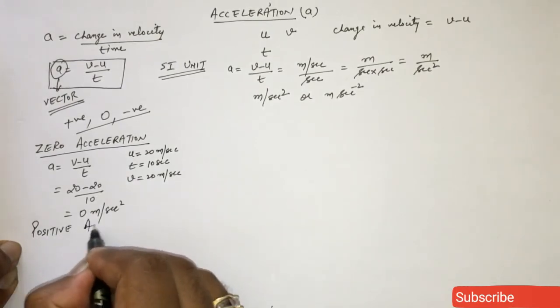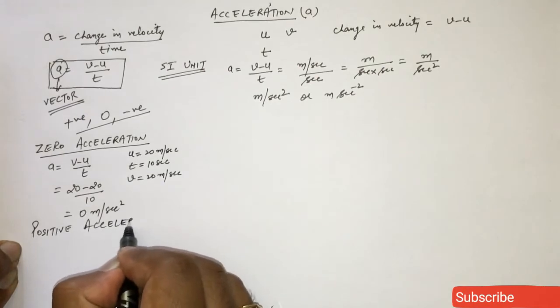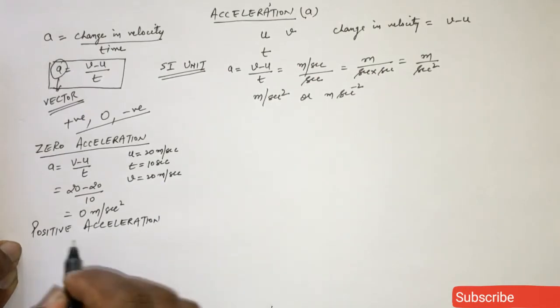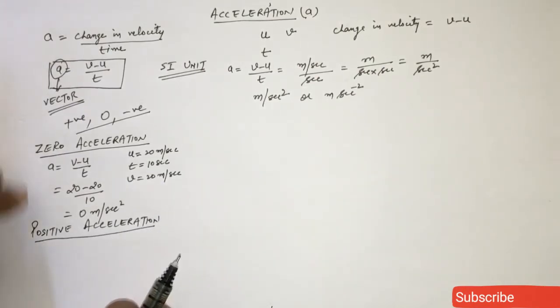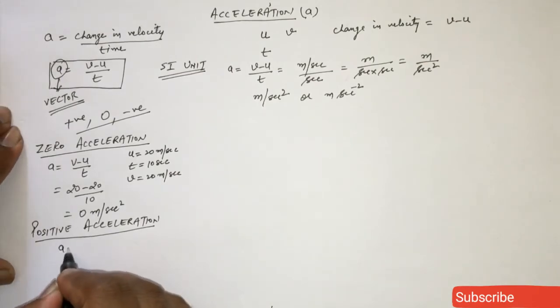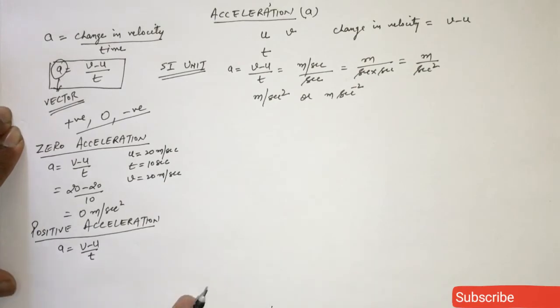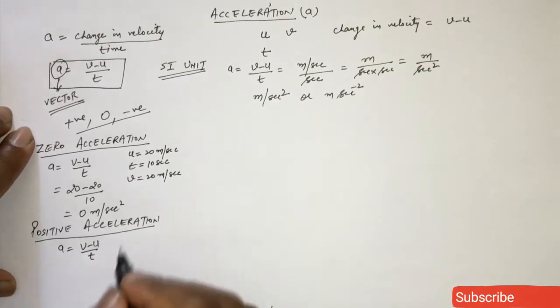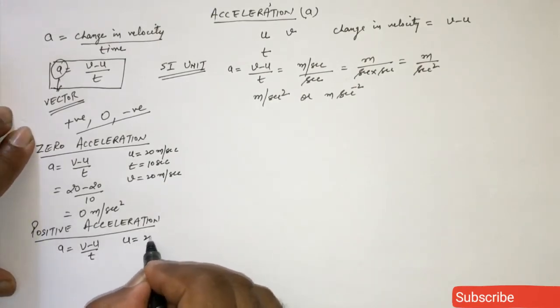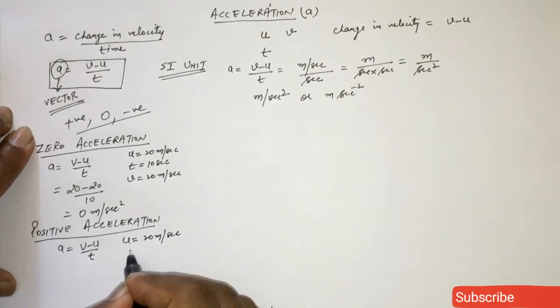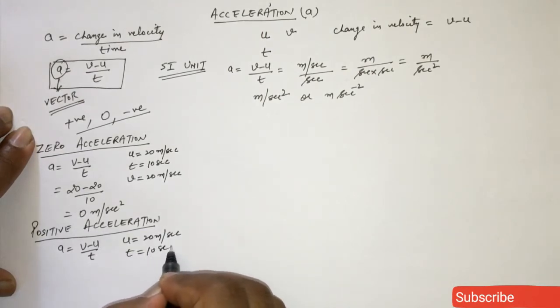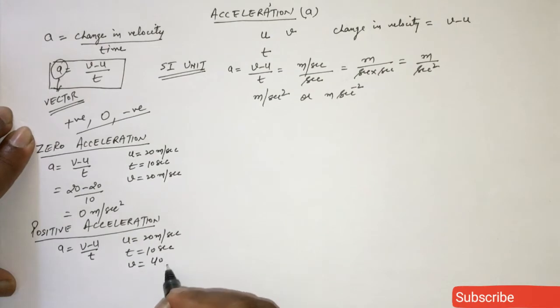Now let us discuss positive acceleration. Now what is positive acceleration? Formula is v minus u upon t. Fine. Suppose the initial velocity of the body is 20 meter per second. After time 10 seconds, its velocity becomes 40 meter per second.